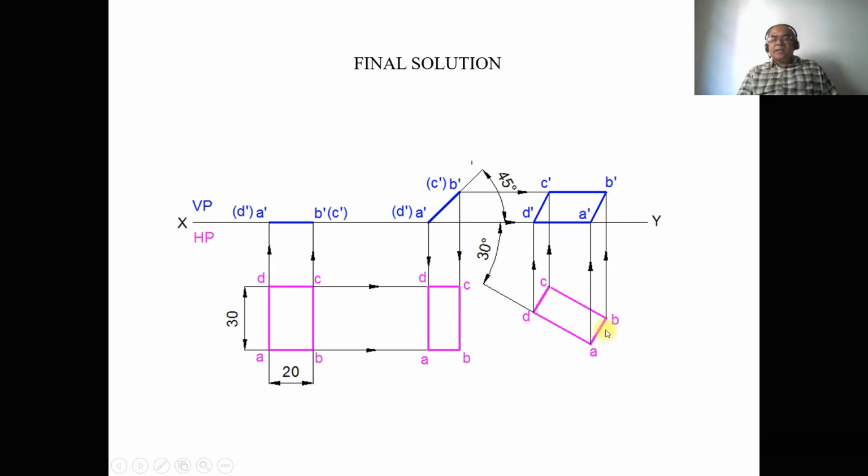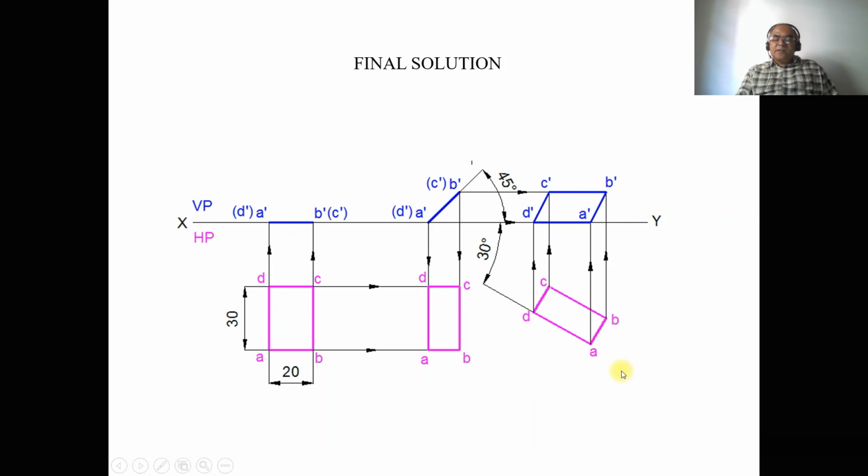With A as center, cut an arc on this perpendicular line and also with D as center, cut an arc on this perpendicular line and mark those points as B and C. Then join A to B, B to C, C to D and D to A with a dark line. So this is how you complete the third position top view first.